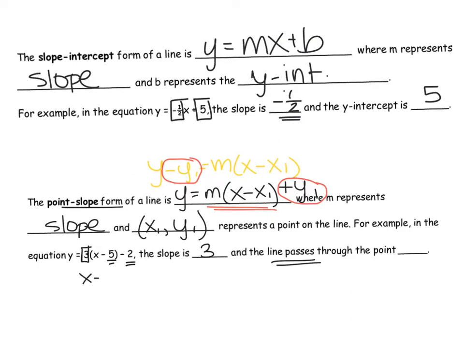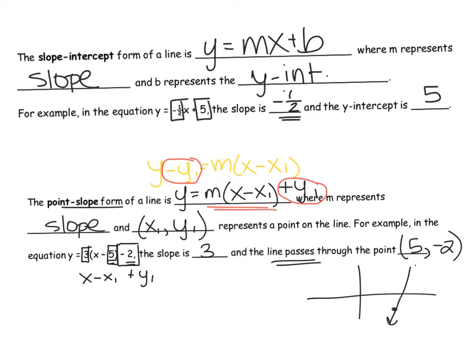If it's x minus x1, then x1 is positive 5. And if it's plus y1, that means that it's plus negative 2. So our y value is negative 2. So if I were going to sketch this line, it would be through the point 5, negative 2, and have a slope of positive 3.